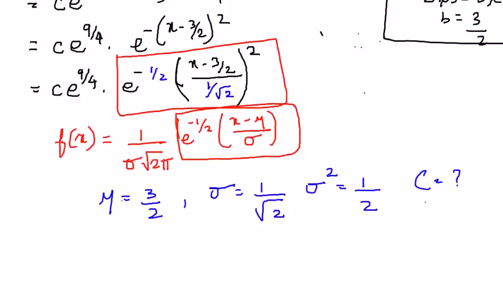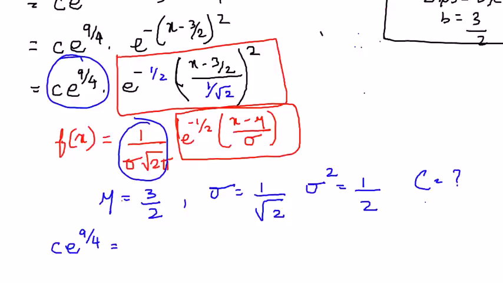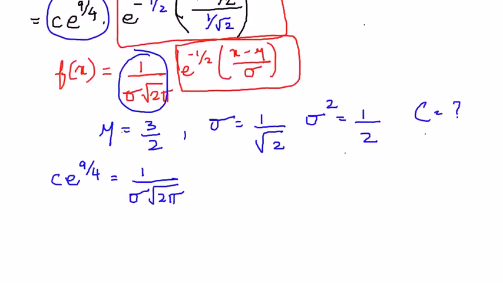So now equate this and this. c e power 9 by 4 is equal to 1 by sigma root 2 pi, right? And you know that sigma is 1 by root 2. So this becomes c e power 9 by 4 is equal to 1 by root 2 into root 2 pi.